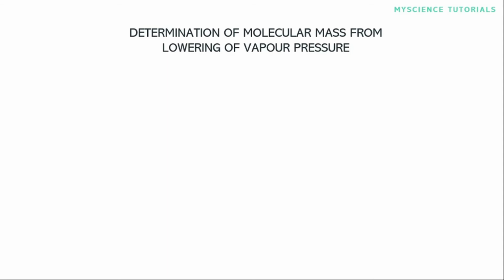pressure. Now, the molar mass of a non-volatile solid can be determined by measuring the vapor pressure of the solution by dissolving a known weight of the solid in a known weight of the solvent.